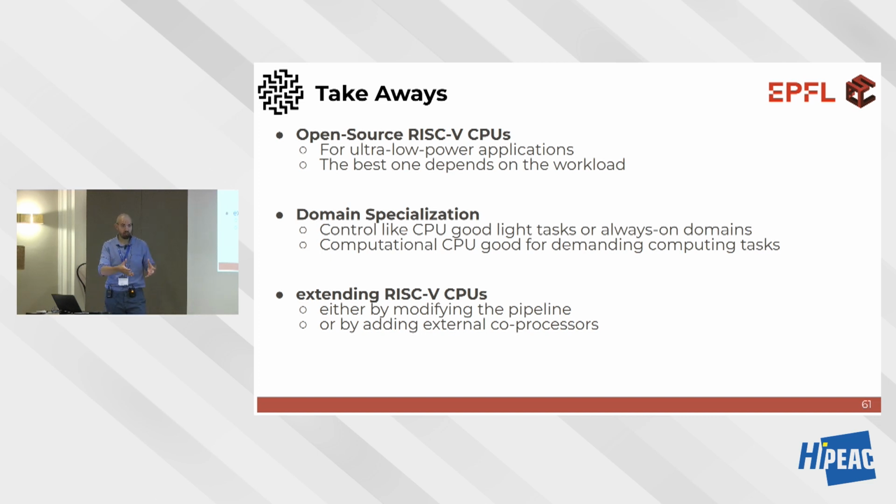How to achieve domain specialization: custom extensions. We will talk about it a lot on Thursday, and even more on Friday with accelerators. But to do that, you need to extend the ISA if you're adding new instructions. How? Either you modify the pipeline, as we did in the E40P. So the custom extensions are there.